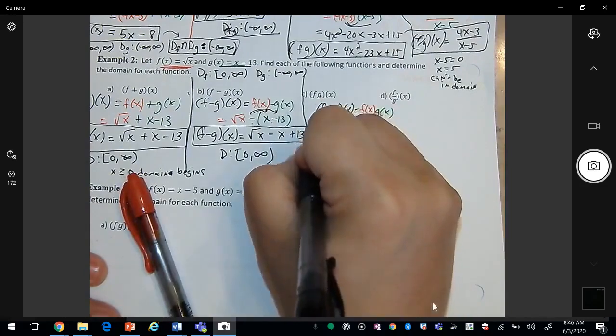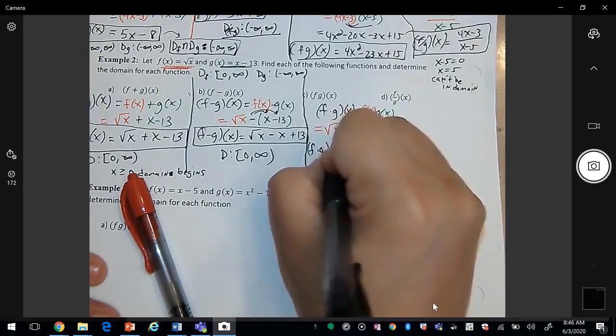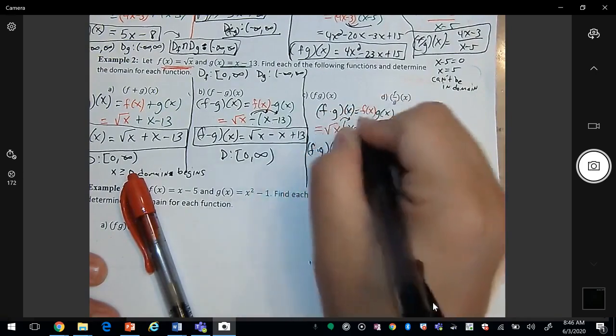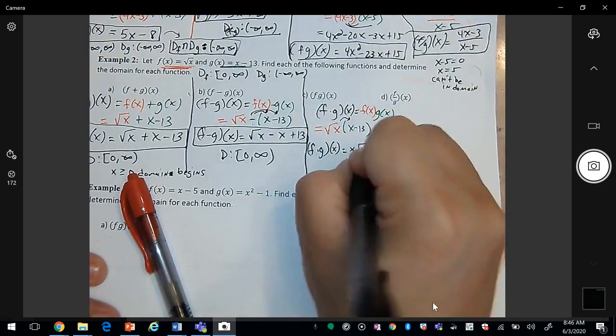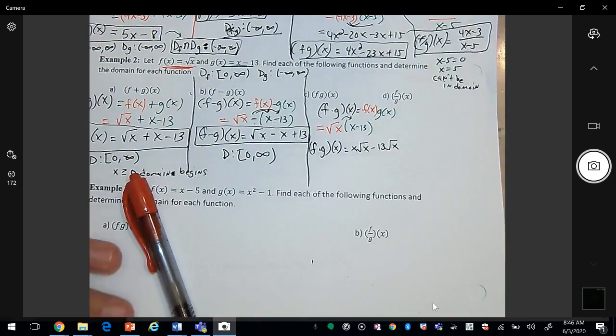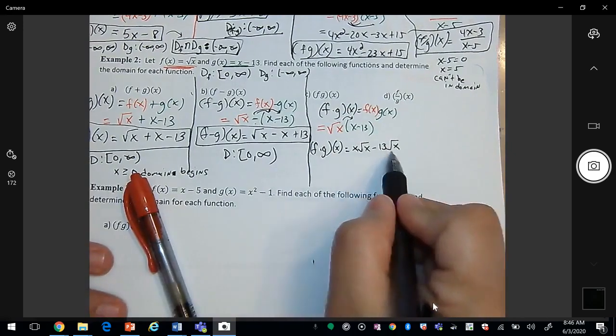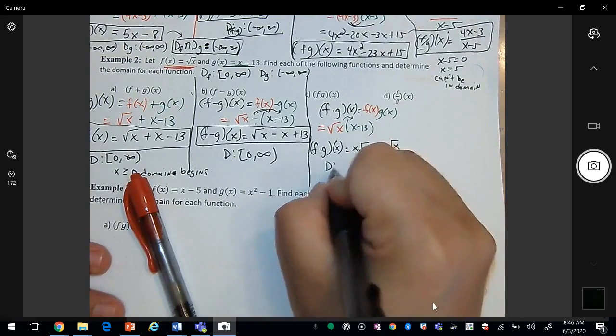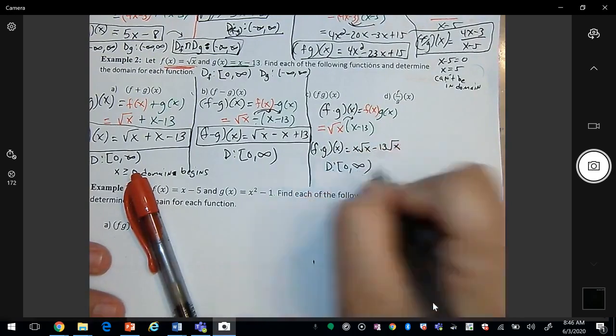So if we simplify, distribute this in here, so we get x square root of x minus 13 square root of x. The domain, you have square roots here, so the domain will start at 0 and go to infinity.